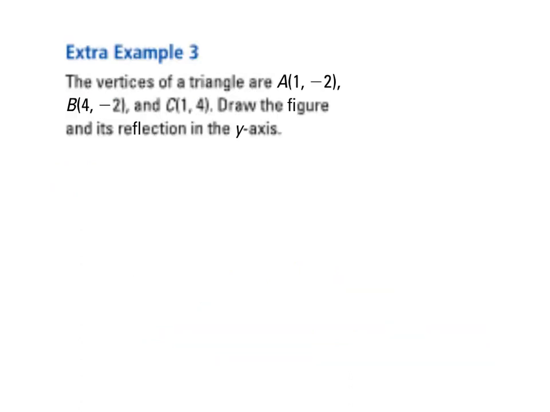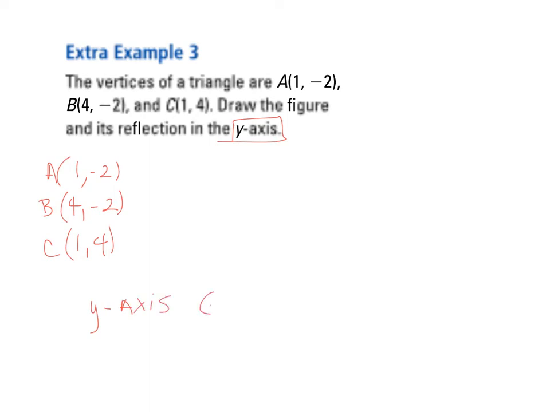Here we go on extra example 3. The vertices of a triangle are A is (1, -2), B is (4, -2), and C is (1, 4). And we're reflecting over the y-axis. So remember, when you reflect over the y-axis, you're going to take the opposite of the x, but the y stays the same.